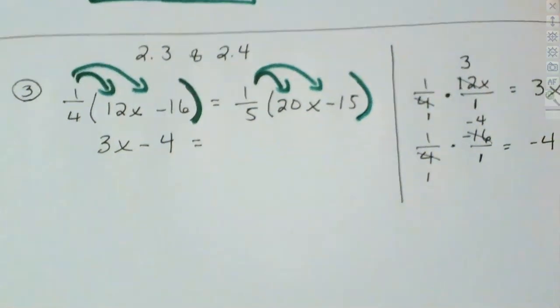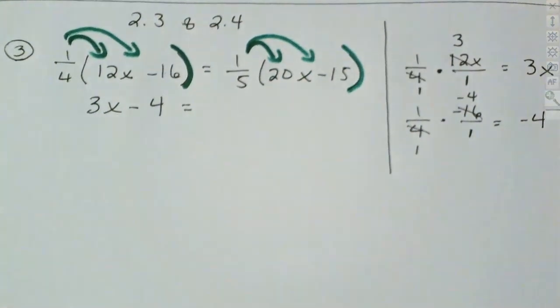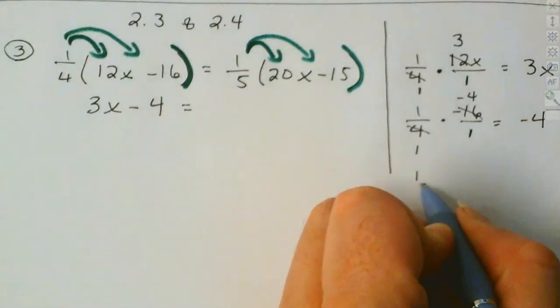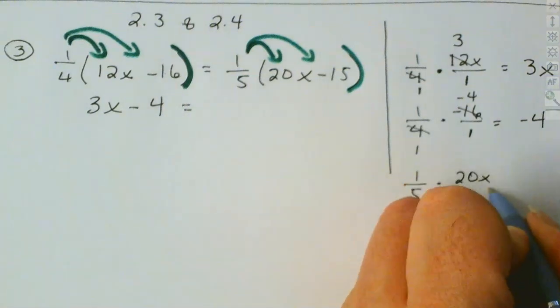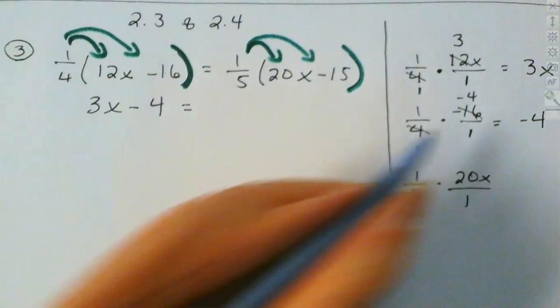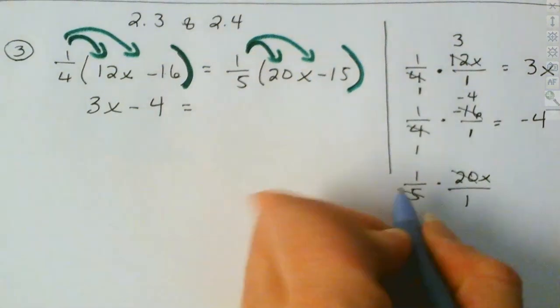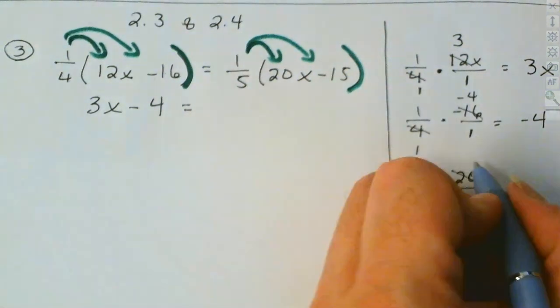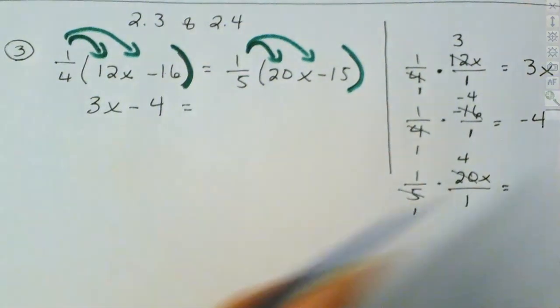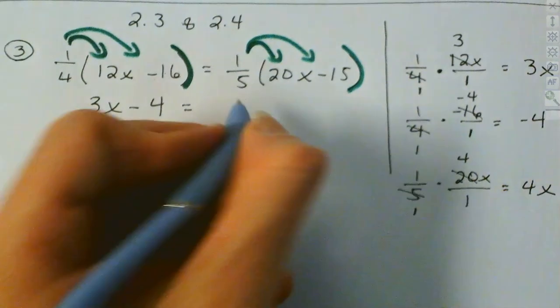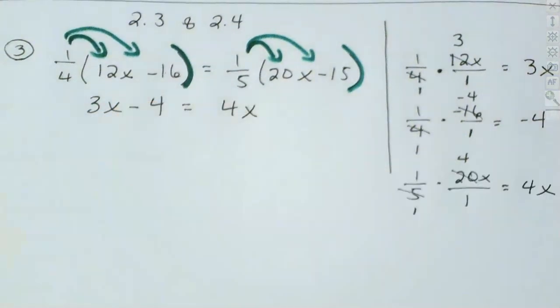Right-hand side, similar procedure. 1/5 times that 20x over 1. The 20 and the 5 cancel out, and that leaves you with a 4 and a 1. And so that comes out to be a 4x.